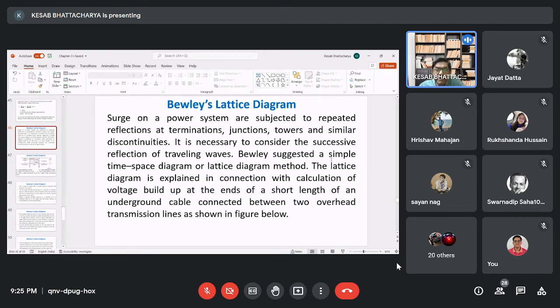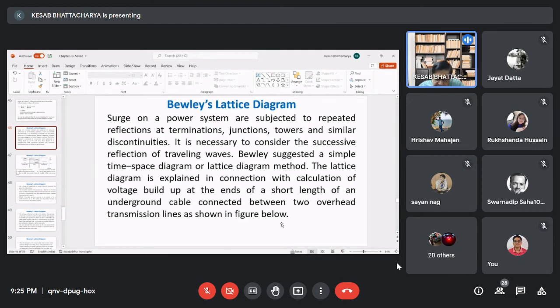Bewley suggested a simple time-space diagram or lattice diagram method. The lattice diagram is explained in connection with calculation of voltage buildup at the ends of a short length of underground cable connected between two overhead transmission lines as shown in the figure below.